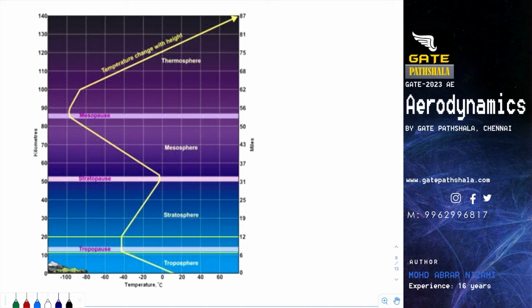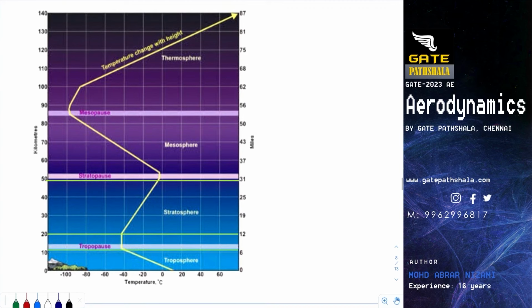There are certain regions which are of interest now. Up till 11 kilometers, the lapse rate, lambda, is given by dT by dH.